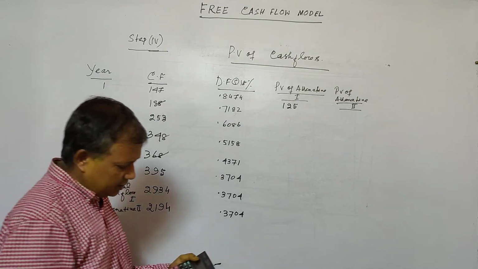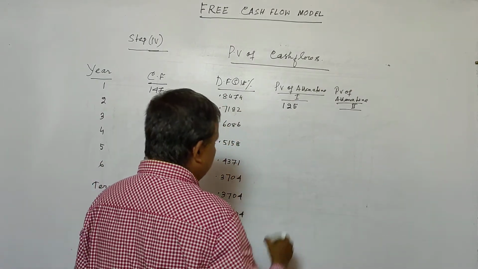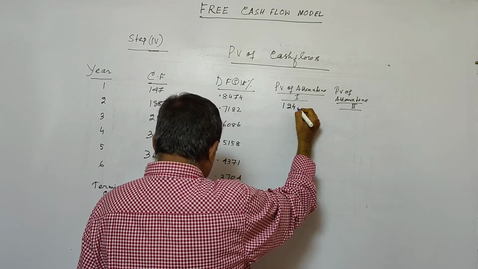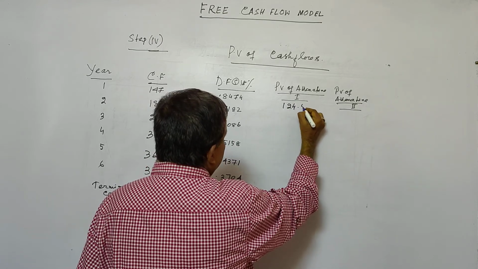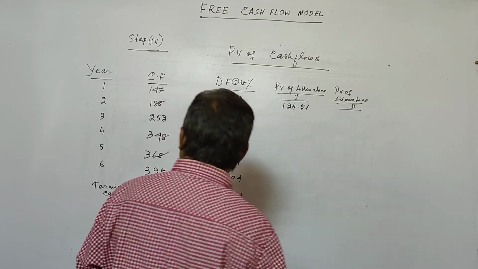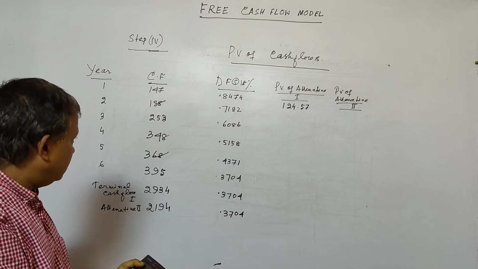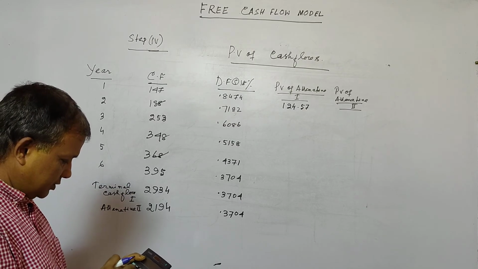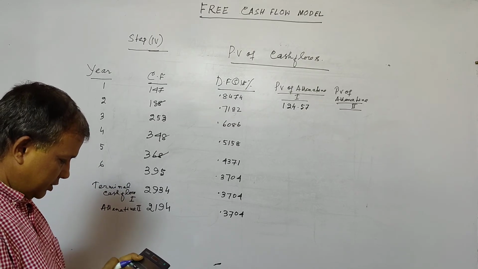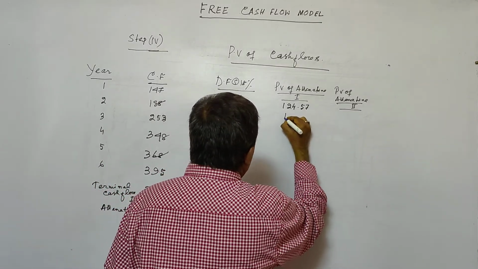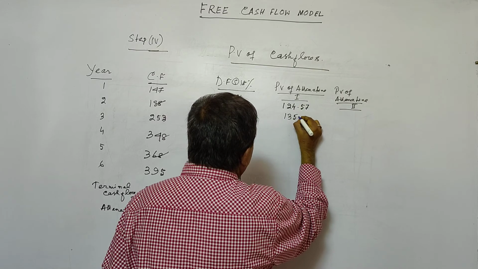Or we can write 124.57. Next one, 188 into 0.7182 is 135.